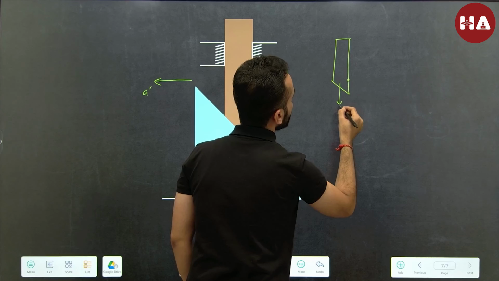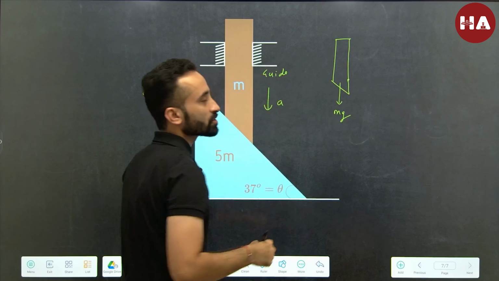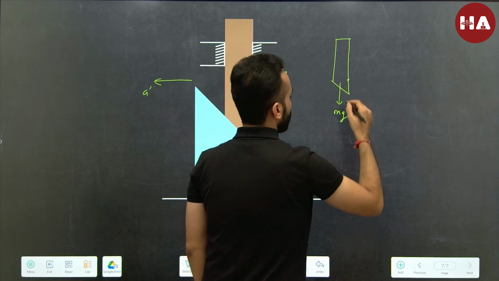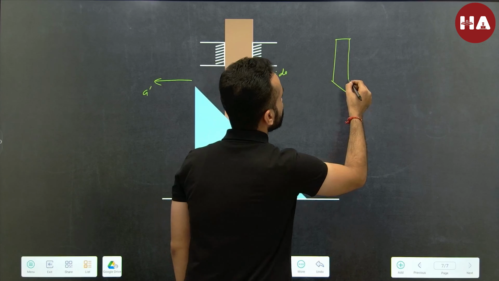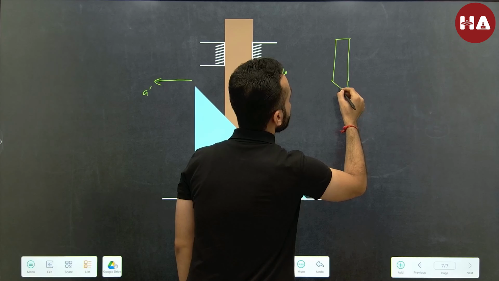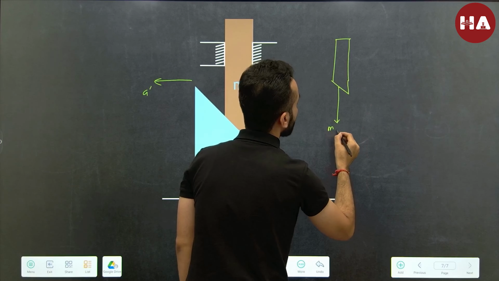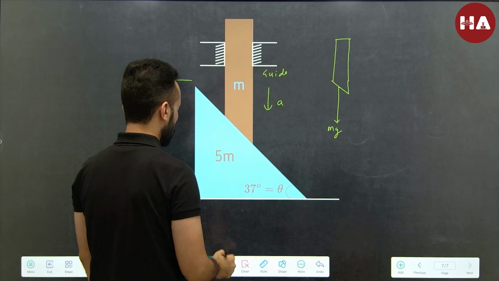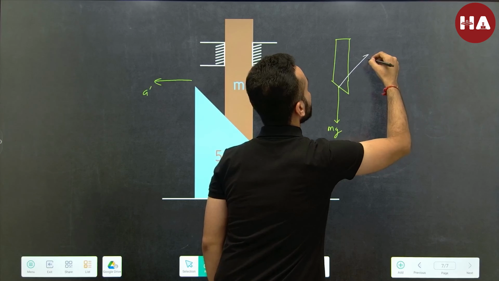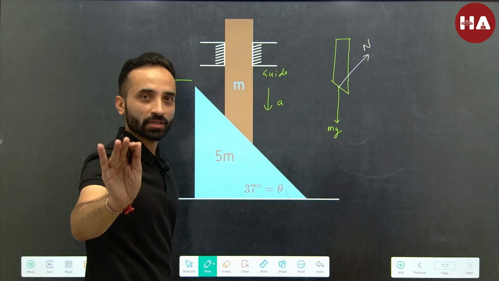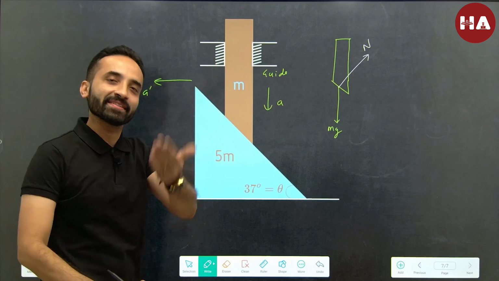So mg is going to act in the downward direction. Now N is acting perpendicular to the surface. That is the normal reaction, hence it is called normal.